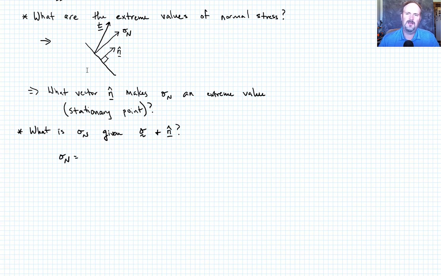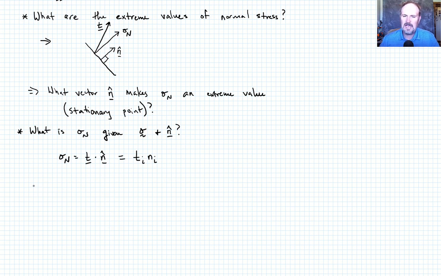What sigma n is just the component of the traction vector that's in the direction of the unit normal of the plane n. So it's basically just the traction vector dotted with n. So we would write that here as t dot n. Or we could write that in index notation as t_i n_i. And I'm going to drop the hat over the n. Just remember that it's a unit vector, just for the ease of writing it. Okay? So hopefully that's straightforward.